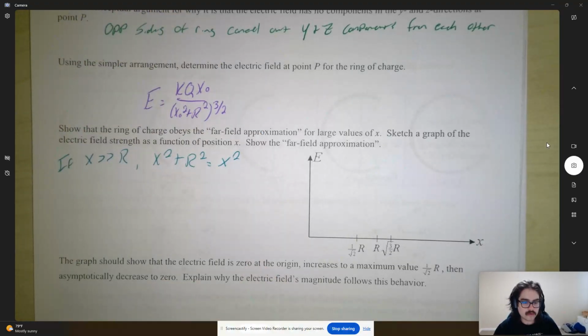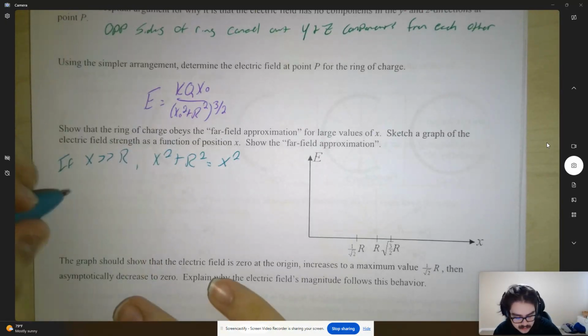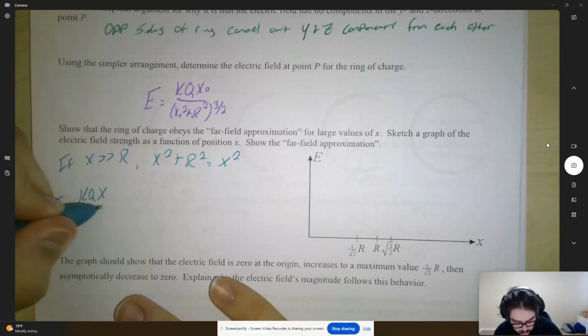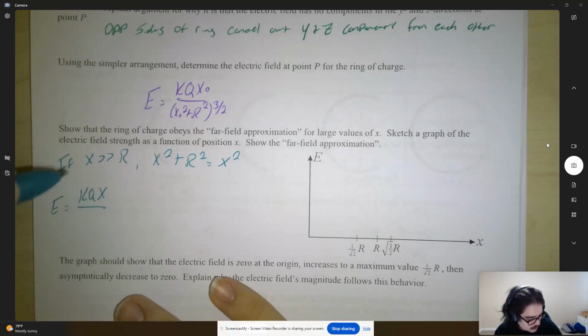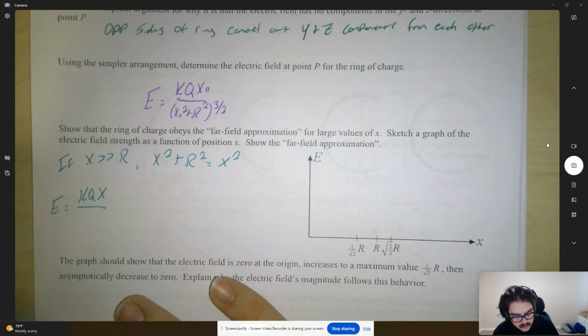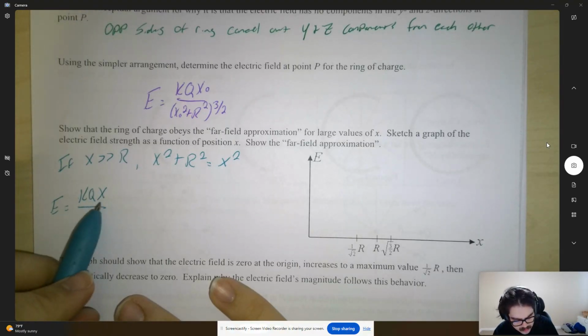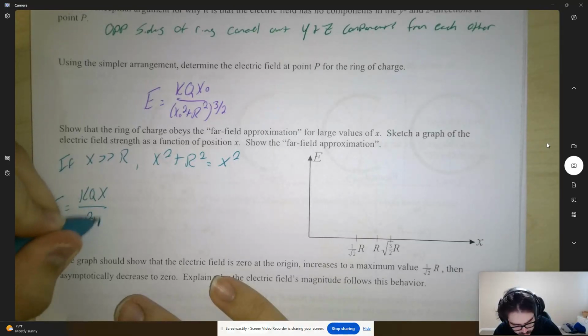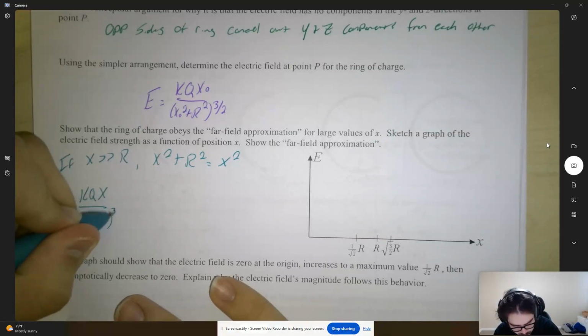If you plug that in, E equals KQX over x squared plus R squared to the 3/2 power.